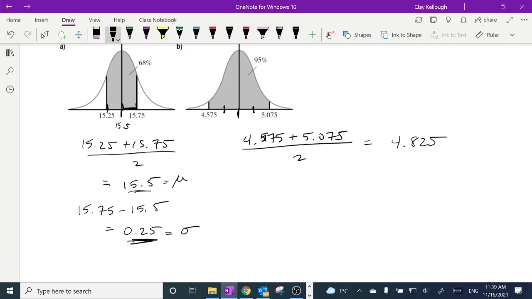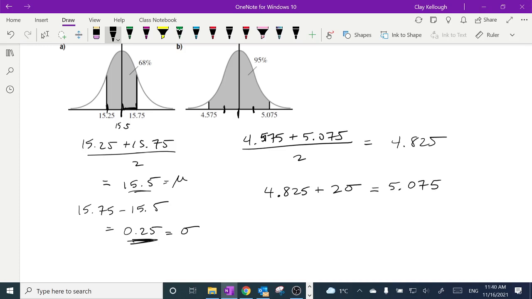And then there's some number that I add 2 of them to this, and I get to 5.075. I've told you before in this course, we don't do much algebra, but we have to do it sometimes. Let's use sigma, since that is our variable. That's what we're looking for. 4.825 plus 2 standard deviations equals 5.075. Does everybody get where I got that equation from?